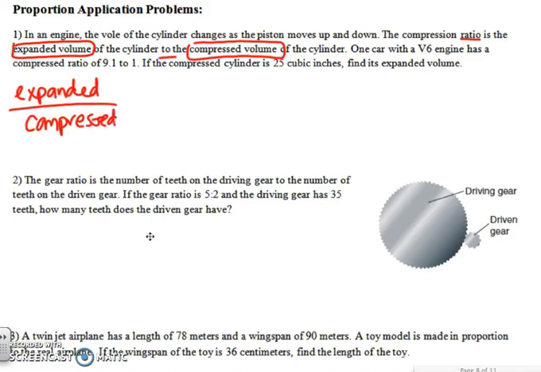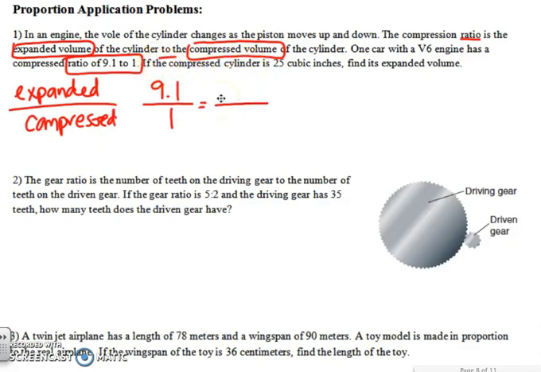Okay, so that means in this ratio, 9.1 over 1 is our proportion. Okay, so you're going to have to look in the word problem and see what goes first over what goes in the denominator.